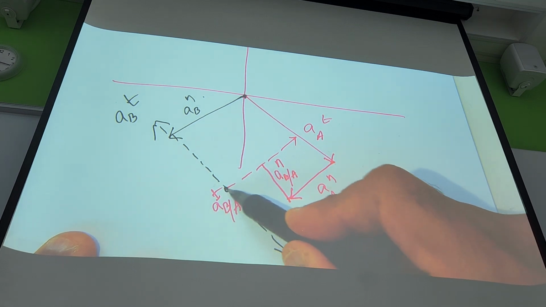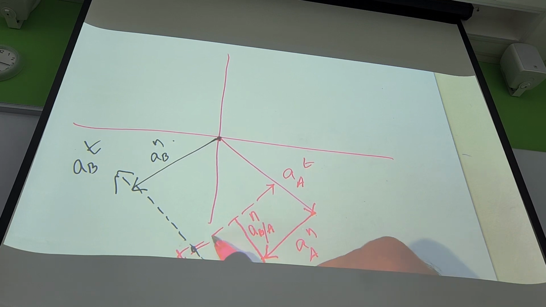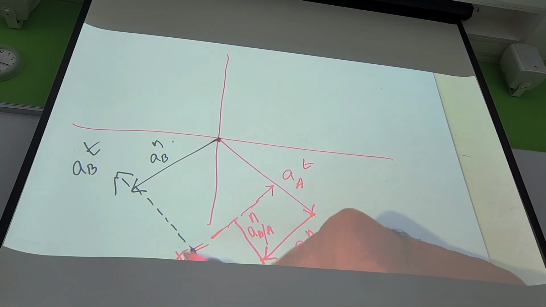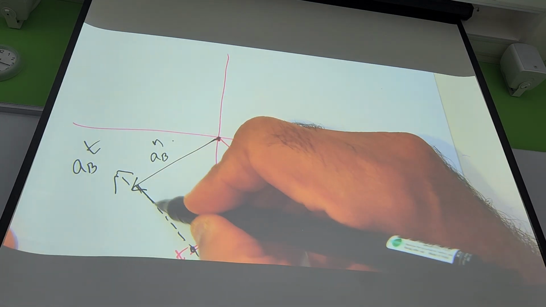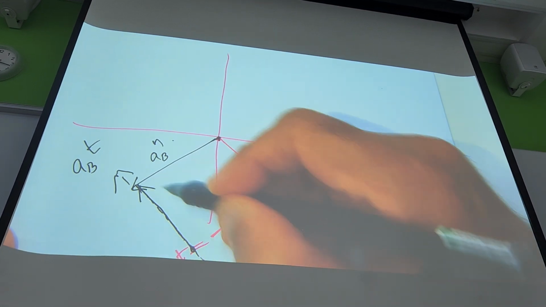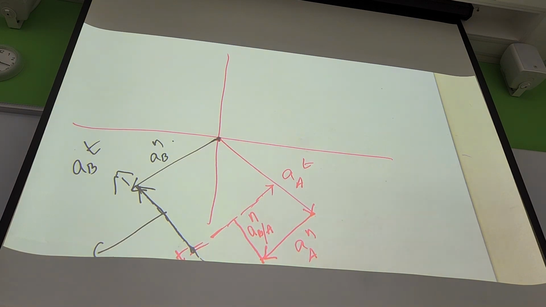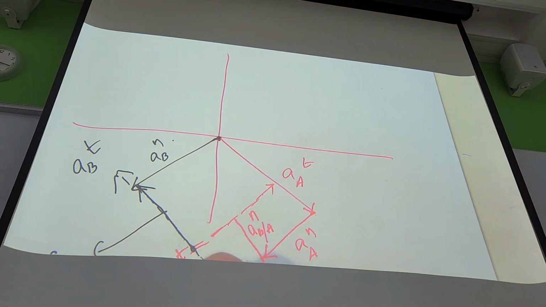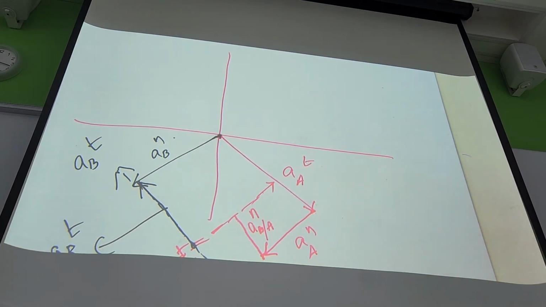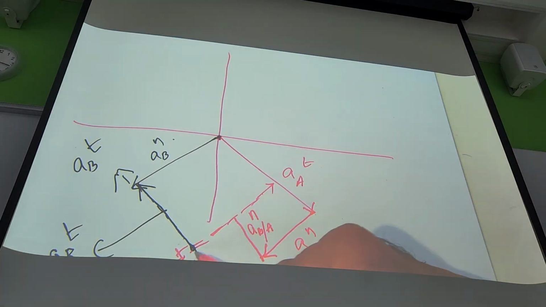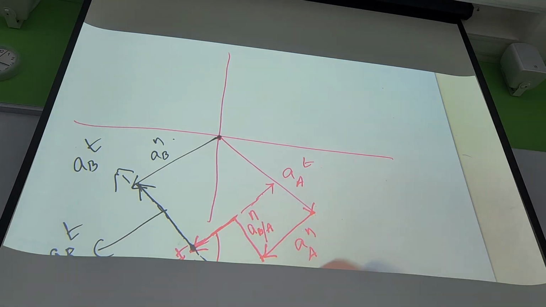This is B tangent and BA tangent. This will be your acceleration of B tangent, and this will be your BA tangent.